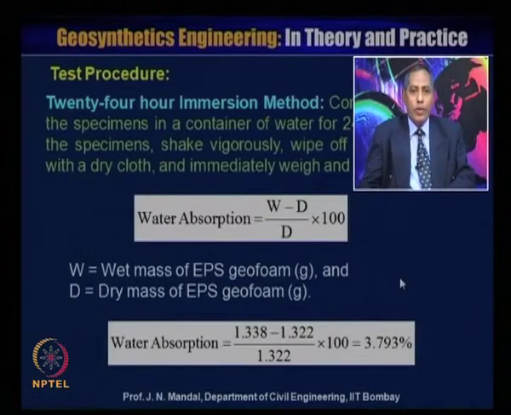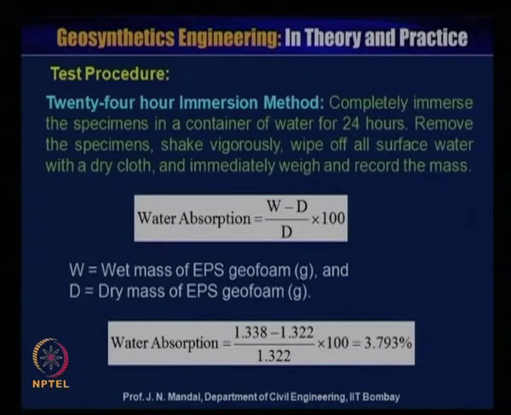Now I am showing you the test procedure, the 24-hour immersion method. Completely immerse the specimen in a container of water for 24 hours. Remove the specimen, shake vigorously, wipe off all surface water with a dry cloth, and immediately weigh and record the mass.